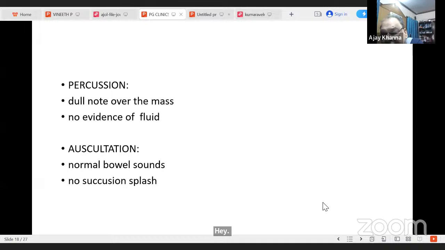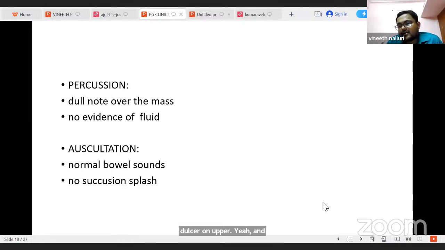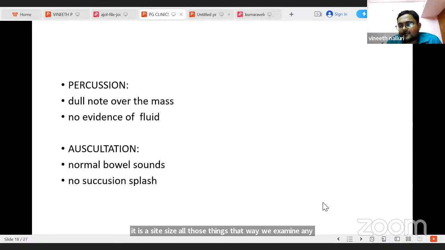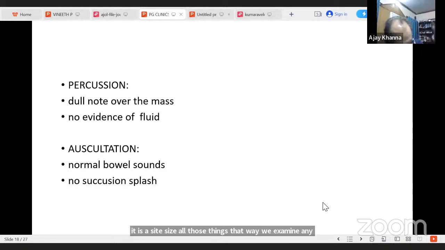How do you differentiate between a benign ulcer and a malignant ulcer on upper GI endoscopy? Benign ulcers are broad based, with regular surfaces, and malignant ulcers are with irregular surfaces and with necrosis. First is the site, size, all those things, the way we examine any ulcer. What is the site of a benign and of a malignant?